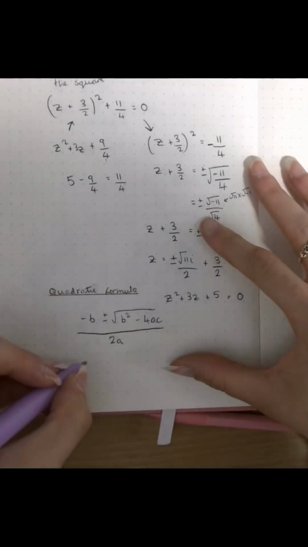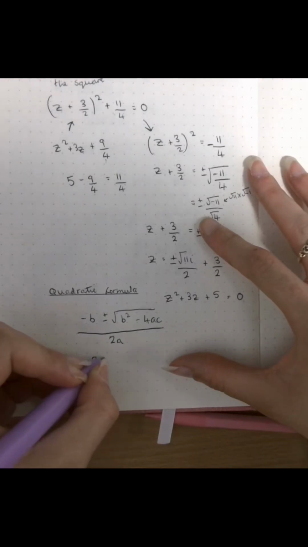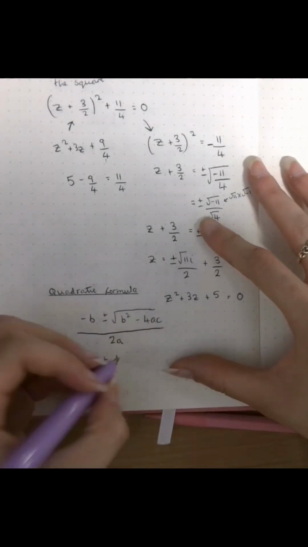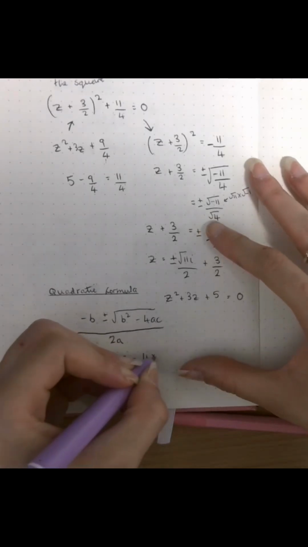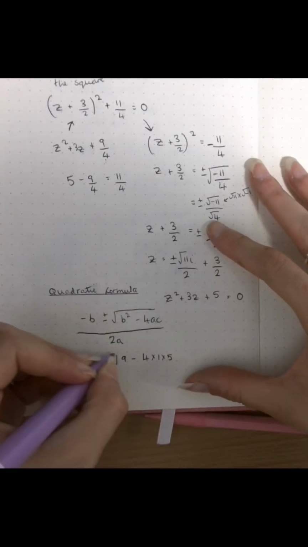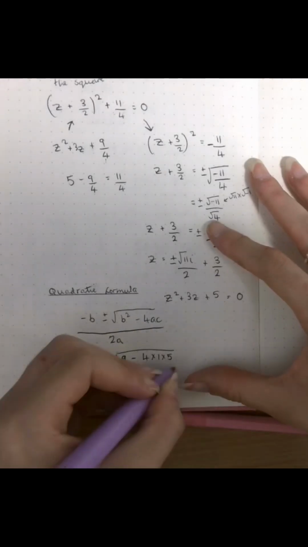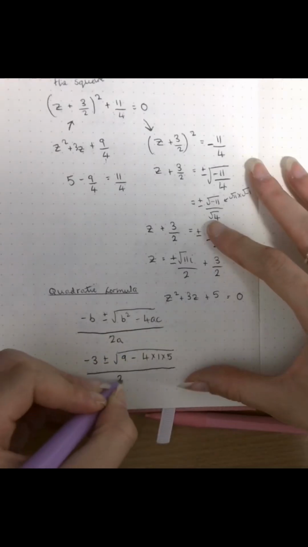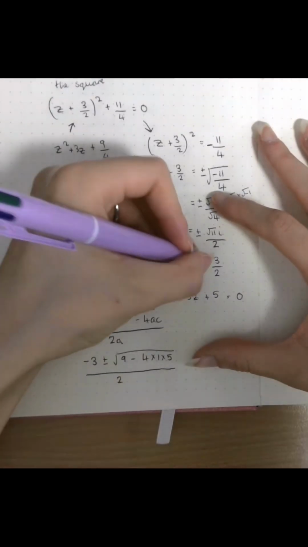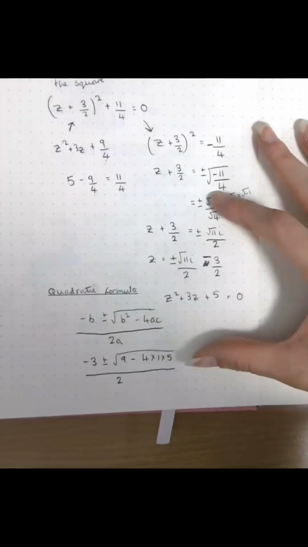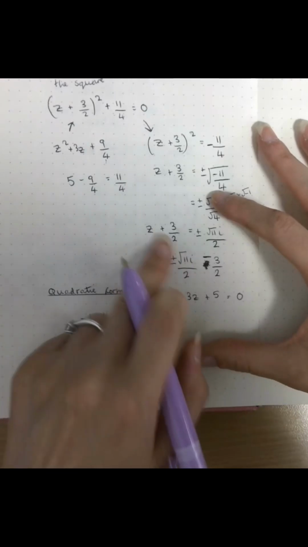So we end up with minus 3 plus or minus the square root of 3 squared, which is 9, minus 4 times 1 times 5, all over 2a, which is just 2. I just realised as well that should be a minus 3 over 2, not a positive 3 over 2, because we took away there.